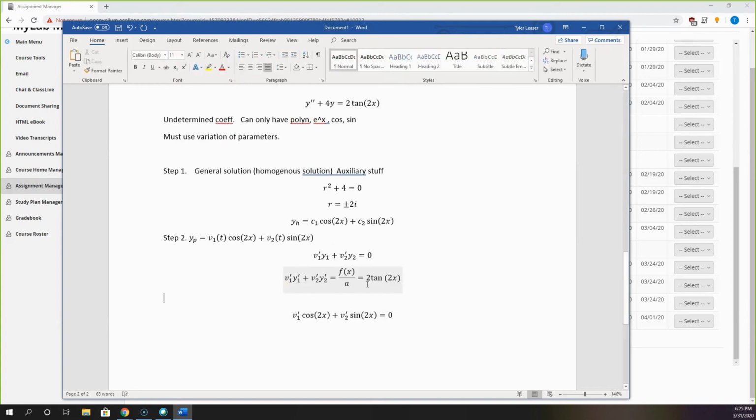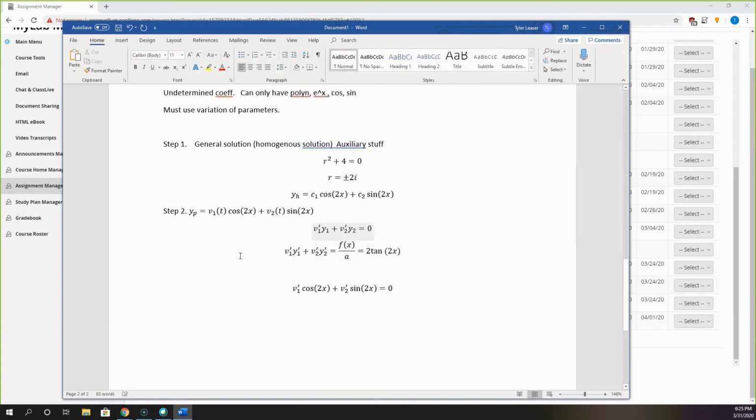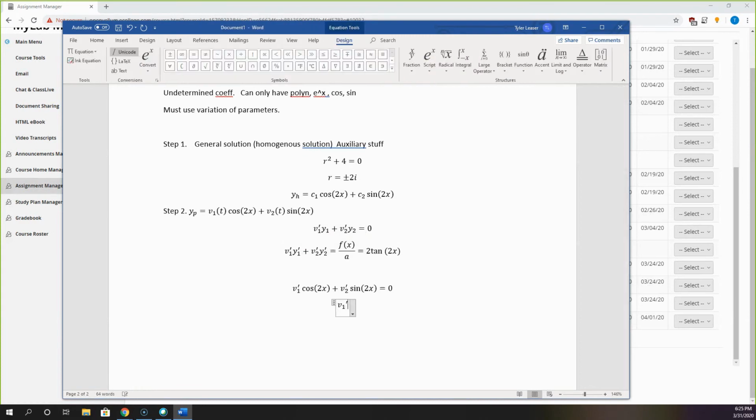So this is just copying the first equation down, right? This equation became this one. And then my second equation, v1 prime, y1 prime is the derivative of cosine 2x, which is negative 2 sine 2x. Plus v2 prime, and then the derivative of sine 2x is 2 cosine 2x. And this is still equal to the 2 tangent 2x.